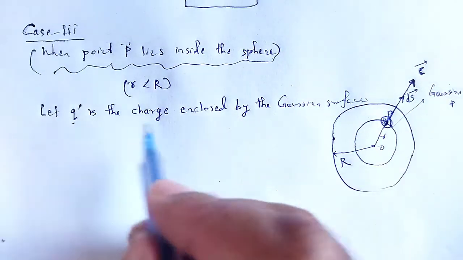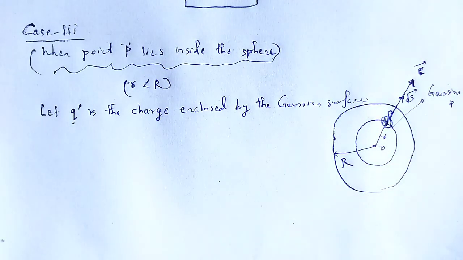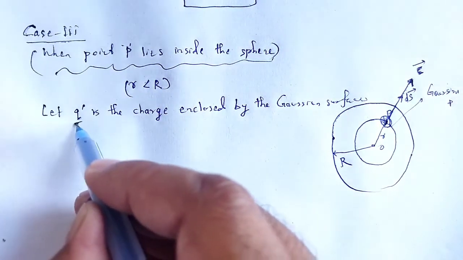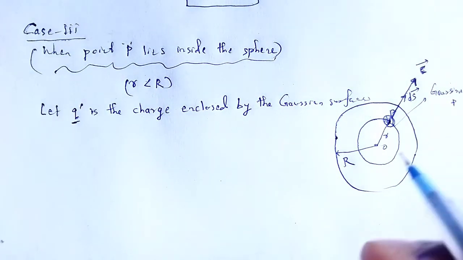Q dash amount of charge is enclosed within the Gaussian surface. Since it is a solid sphere, there will be some charge, but in the case of a hollow sphere, there will be no such charge inside the hollow spherical shell. Here there will be the existence of charge. Therefore, we treat q dash as the amount of charge enclosed within the Gaussian surface.